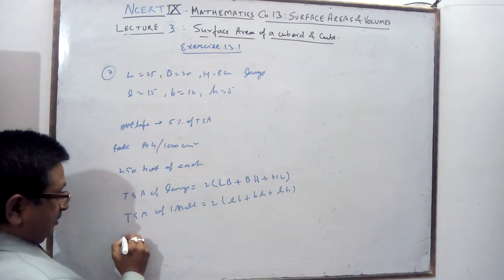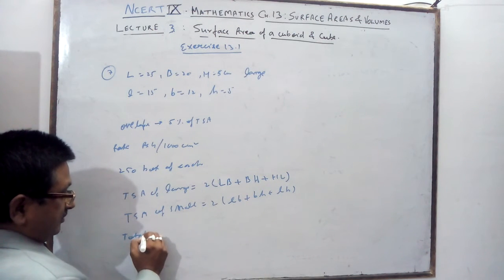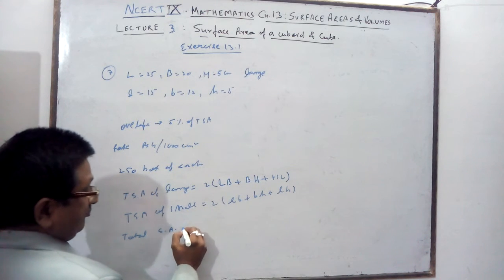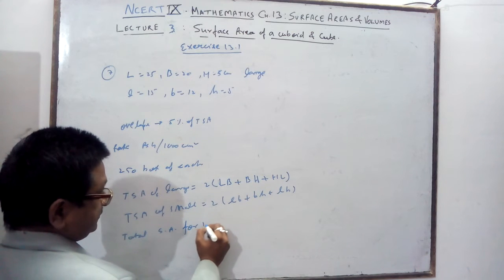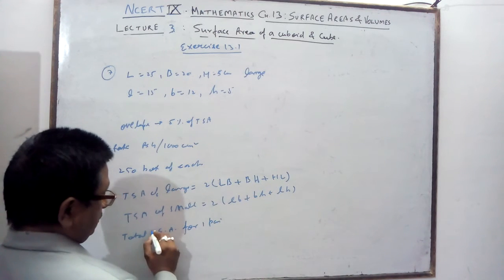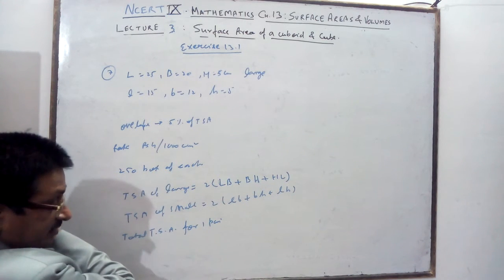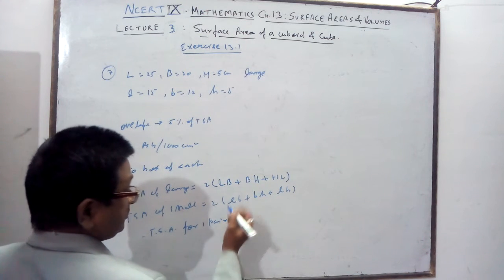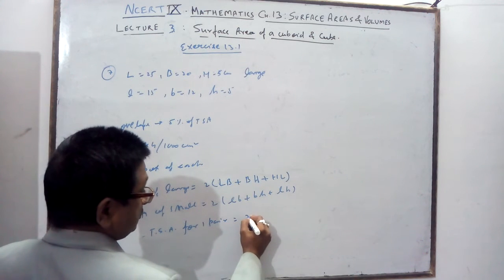Then the total surface area for one pair. Total TSA for one pair. One pair means 250 pairs. So 2 is common.